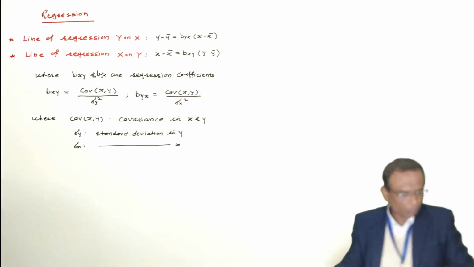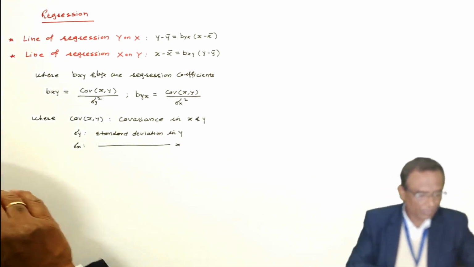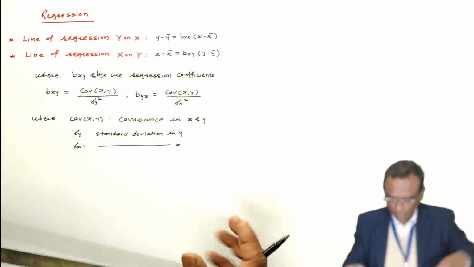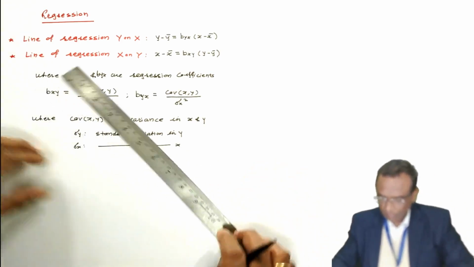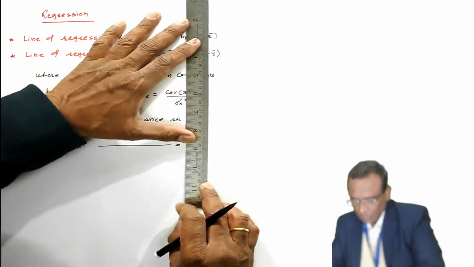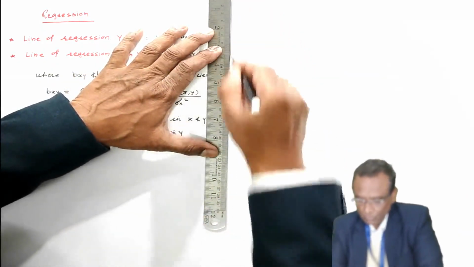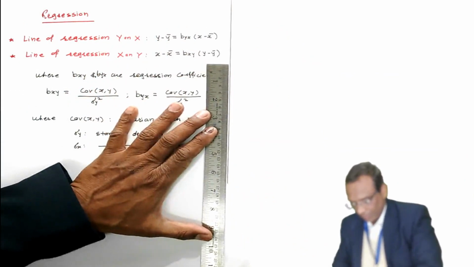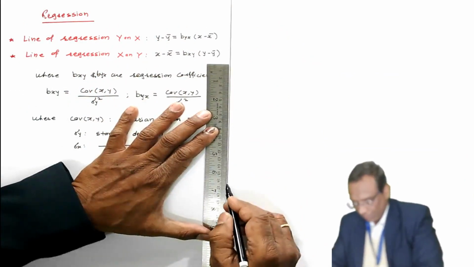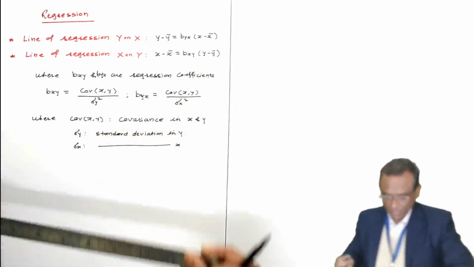Now, it's a very simple problem we are going to discuss very quickly, the problems on line of regression. I will take a few minutes to draw it. It will be more comfortable if I use a scale.